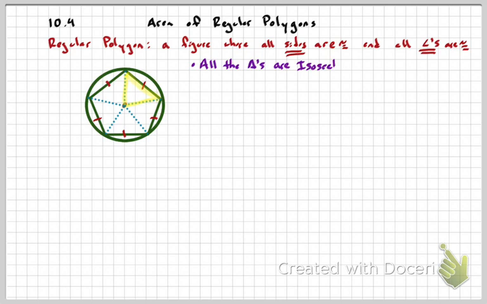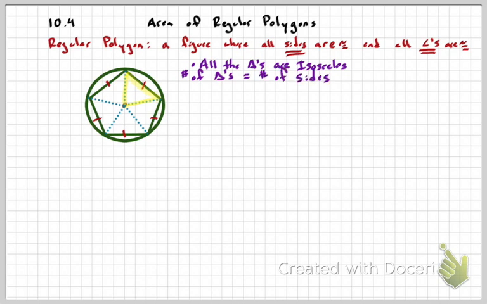So all the triangles are isosceles. That's important to know. We know that all of these are radii of our circle, so all 5 of those radii are the same length, making every single triangle within our pentagon isosceles. Remember, isosceles means 2 sides are the same length.